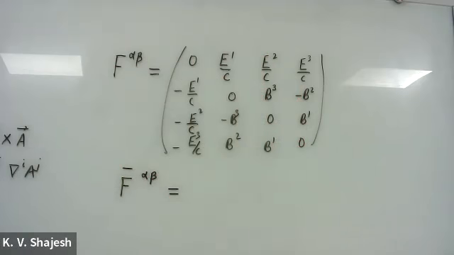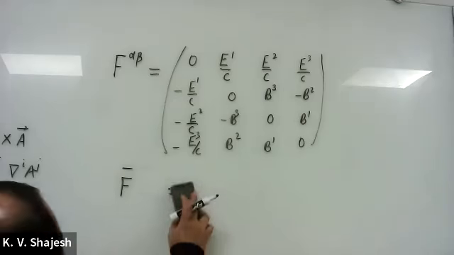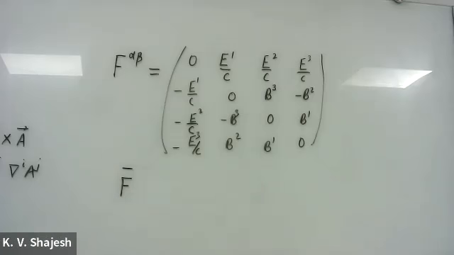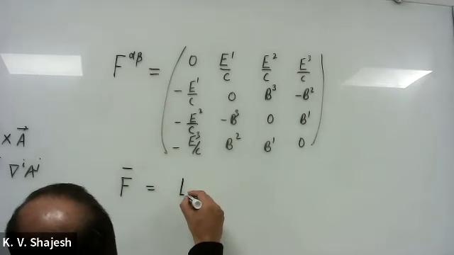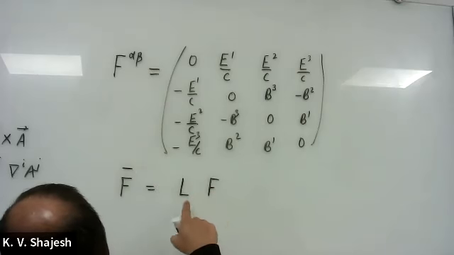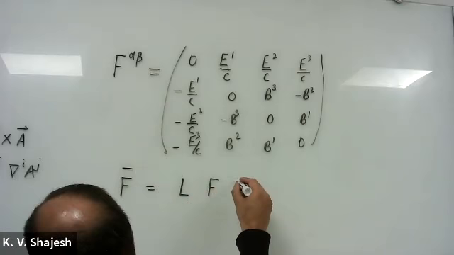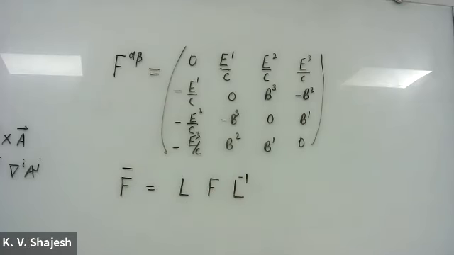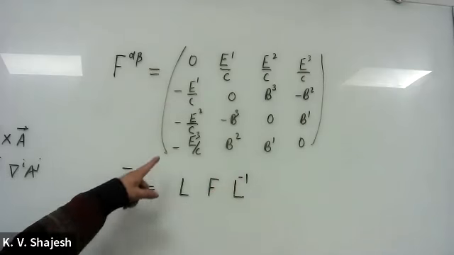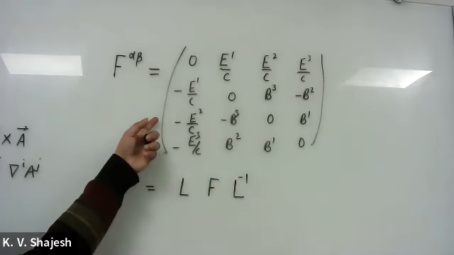Let me write this symbolically, not with the details in there. Since there are 2 indices, this will involve L, F, this is the Lorentz transformation, and there is an L inverse that comes in. That's how a tensor transforms under a Lorentz transformation.